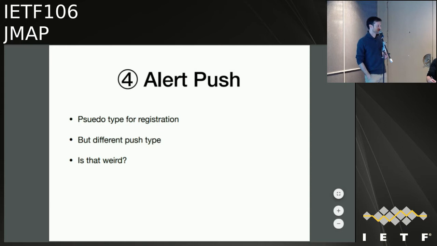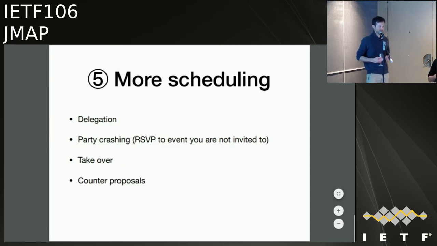Probably no one here has looked in enough detail at the push stuff in JMAP to really say, but if you do have any comments? No. Okay, yeah. Well, I'll leave it as it is. If people flag it later in review, we can look at options. I mentioned it's a bit weird, but it seemed to be the right thing.